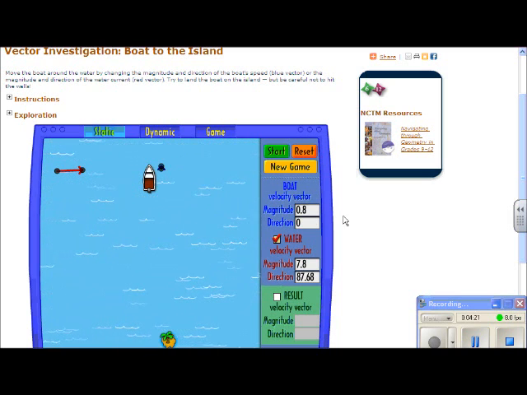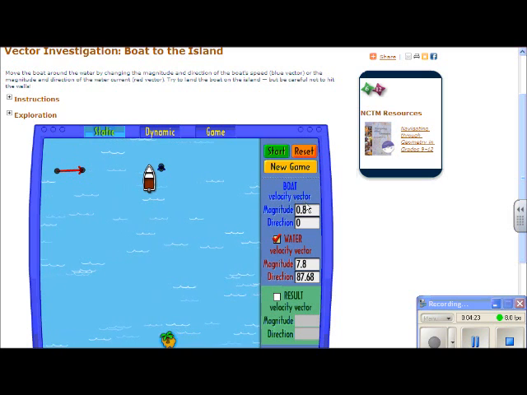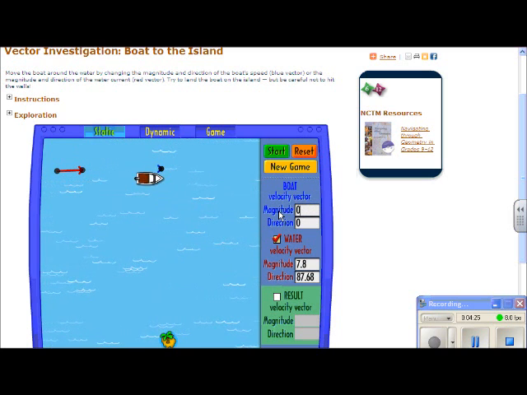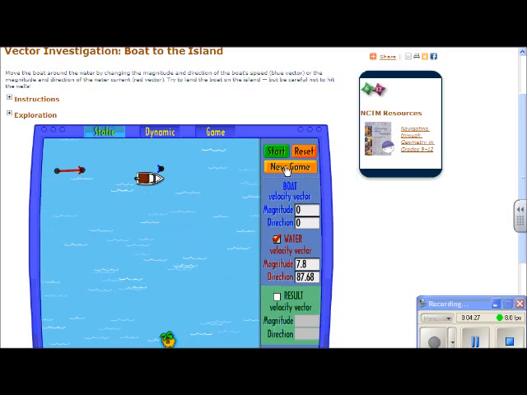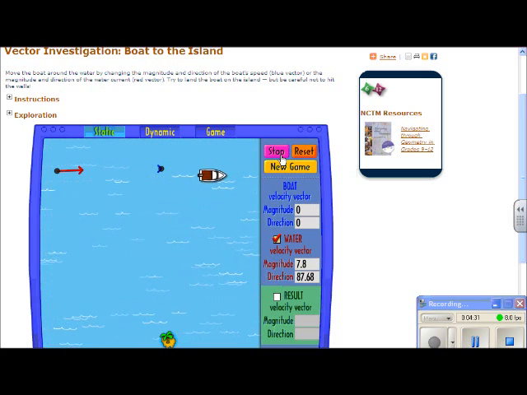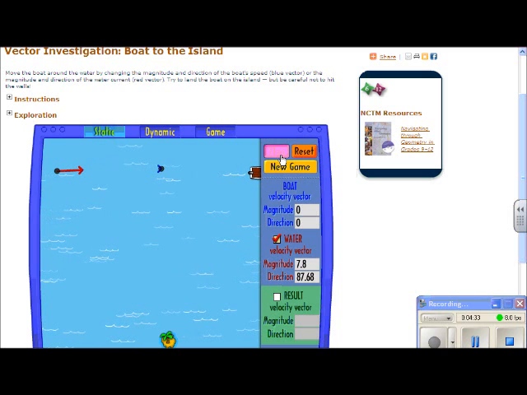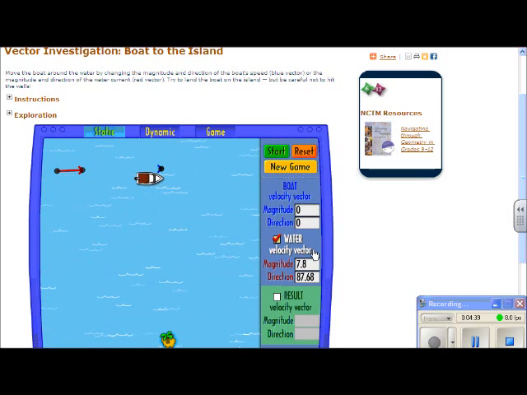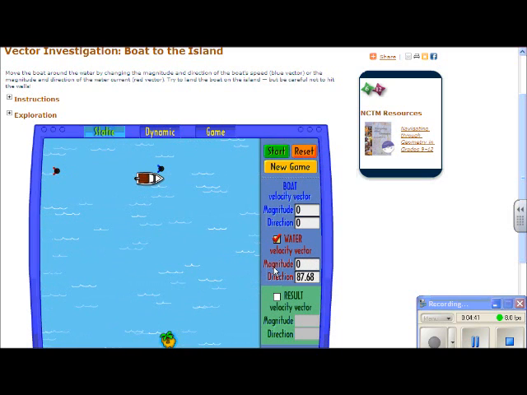I'm just going to come over here and change the magnitude to a 0. Now when I hit start, the only thing that's moving is the current. Because the current moved, that's why the boat moved. If I change the magnitude of the water to be 0 as well, and I hit start, then of course nothing's moving, because at 0 miles per hour, the boat's not going to move.